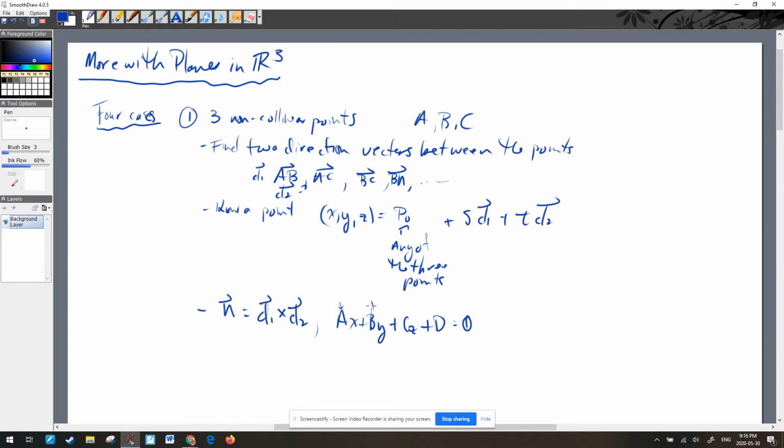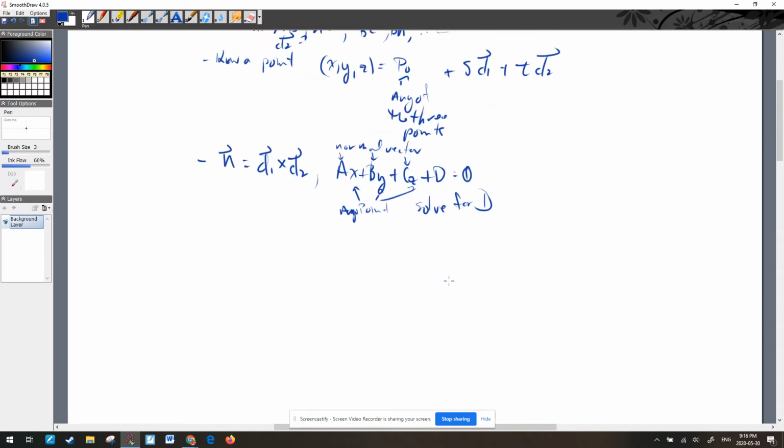So there's your normal vector. And then you're going to take any point, right? So any one of the points and put it in there, and then solve for D. Right, and there it is. Okay, so that's the case when we have three non-collinear points.